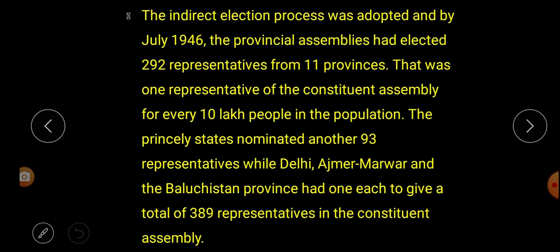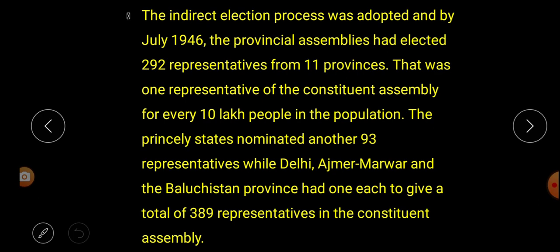Understood how the election process took place? That means for a 10 lakh population, there will be one representative of the constituent assembly.